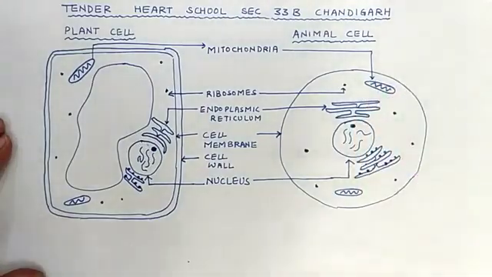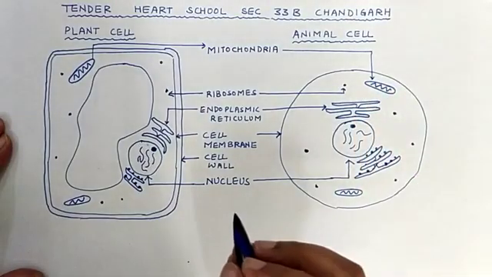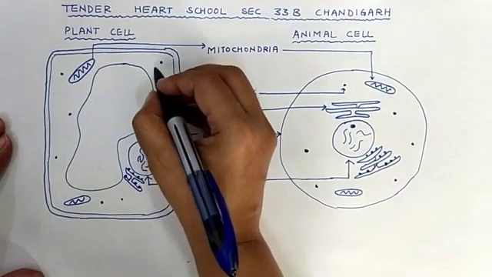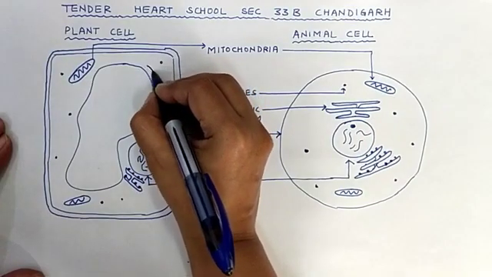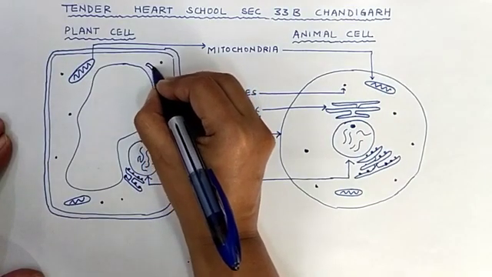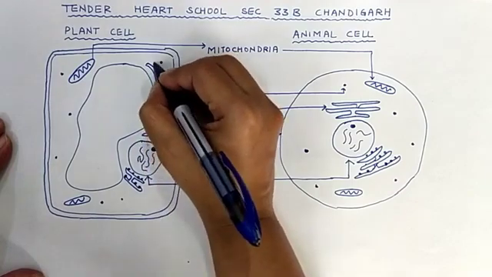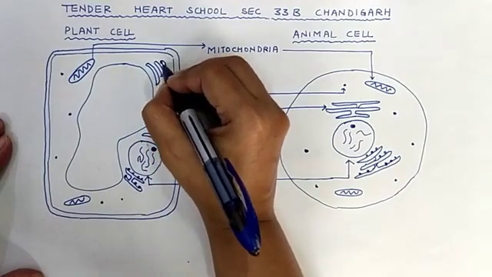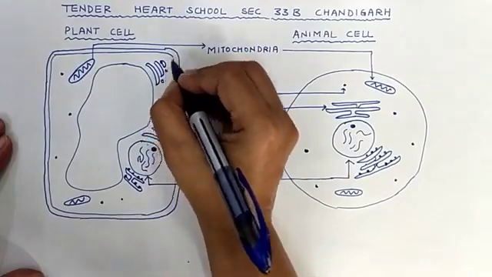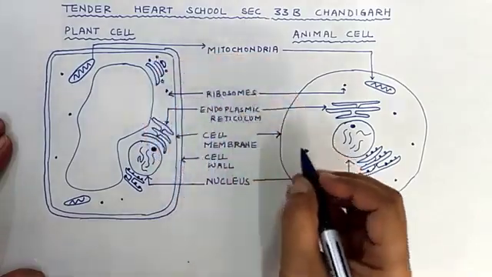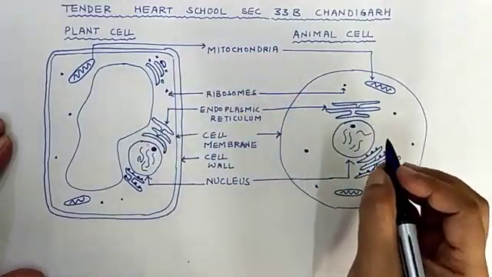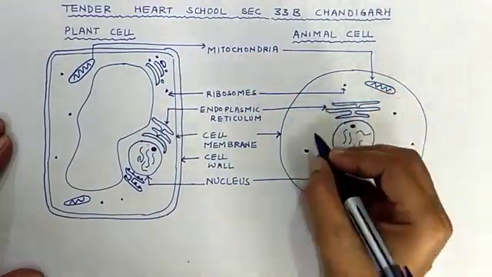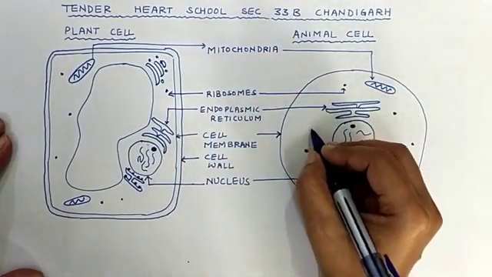Okay, now you can show the Golgi body. Golgi bodies are again membrane bound organelles. So this is something like this. These are helping in synthesis and storage of enzymes, any kind of secretions which are there in the cell. So we can make it here.